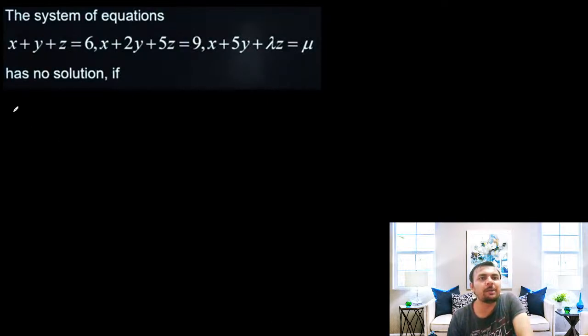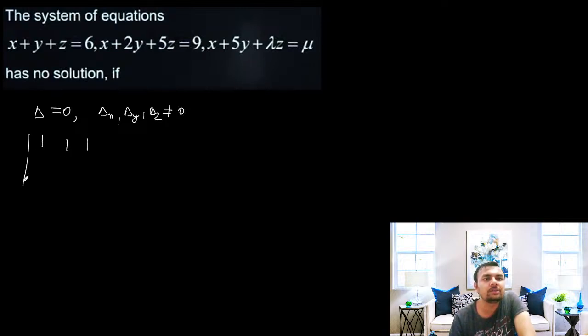Okay, the system of equations has no solution. That means delta equal to 0, and any one of delta x, delta y, delta z should not be 0. So for delta we have 1 1 1, 1 2 5, 1 5 lambda.